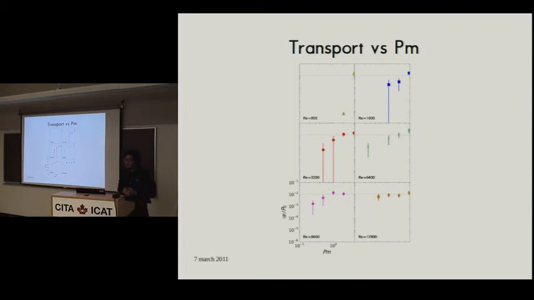Here we've plotted separately the Prandtl number dependence of the angular momentum transport for 6 different fluid Reynolds numbers. The dotted line is, I believe, at 10 to the minus 2. For a very low Reynolds number, there's a pretty strong power law dependence of the transport on the Prandtl number. As you go to higher and higher Reynolds number, it starts to turn over.